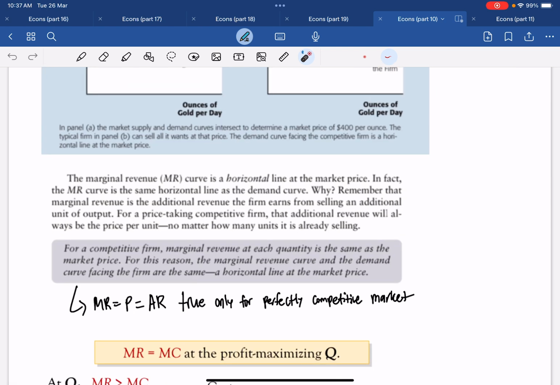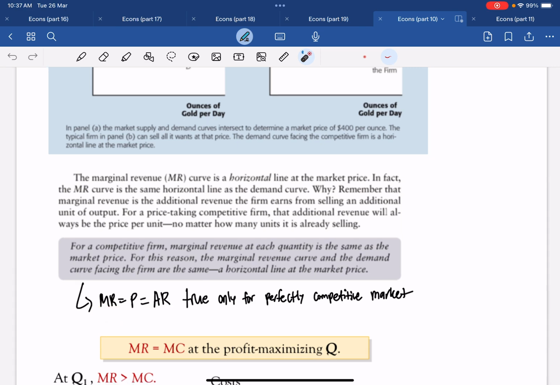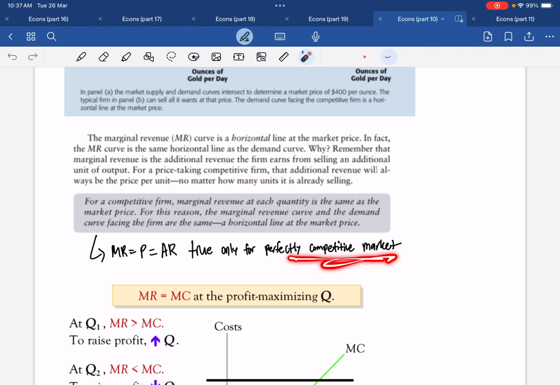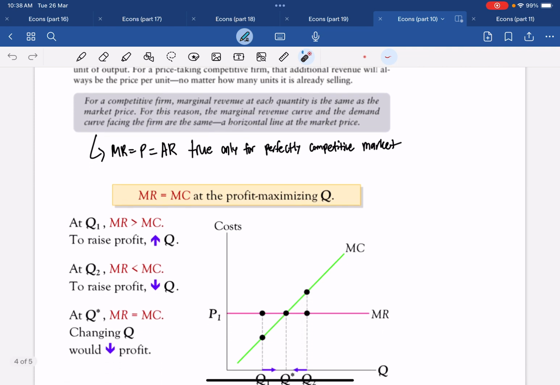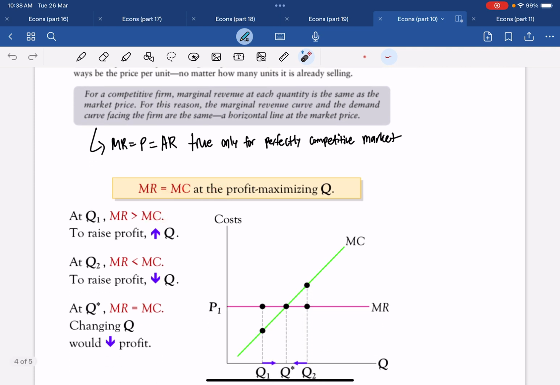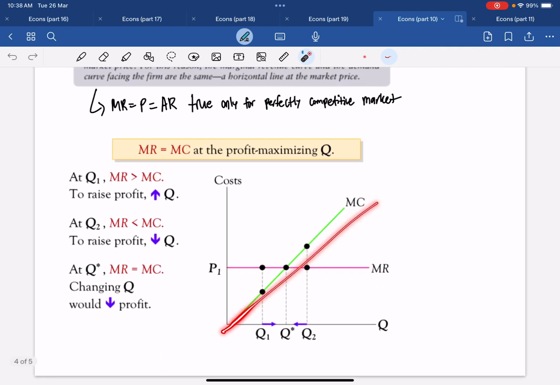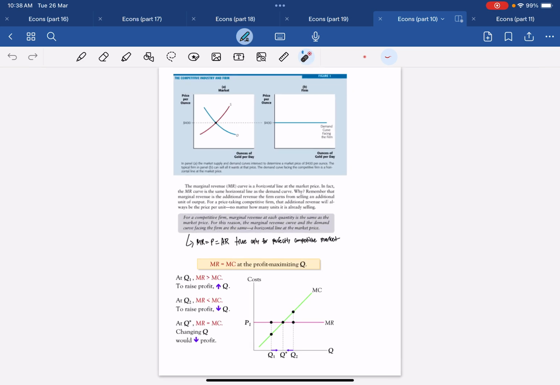The marginal revenue is the price, which is also the AR. So for a perfectly competitive market, MR equals AR, and it only occurs for this market. But you still maximize profit at MR equals MC, so you need to draw your MC line to find the equilibrium quantity you'll be producing at.